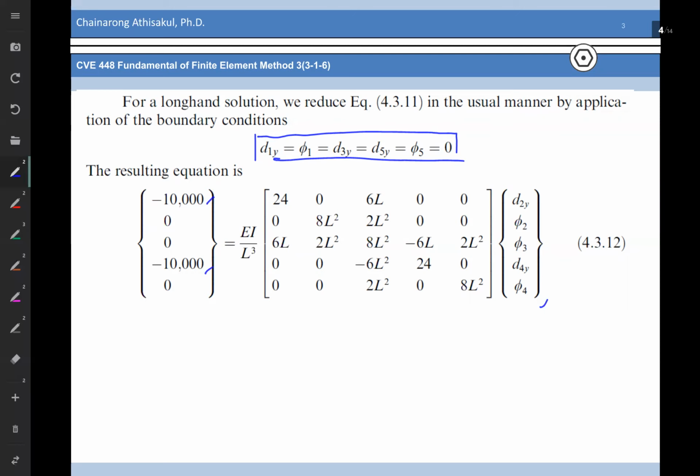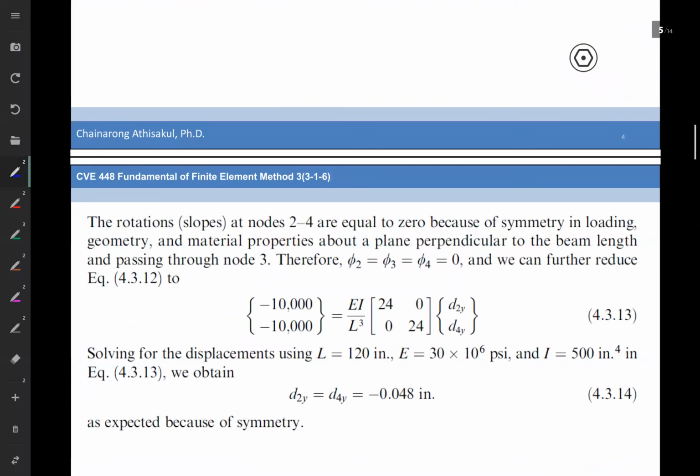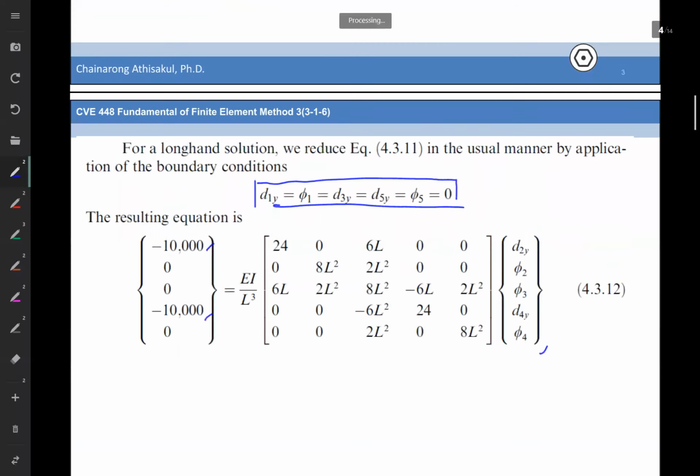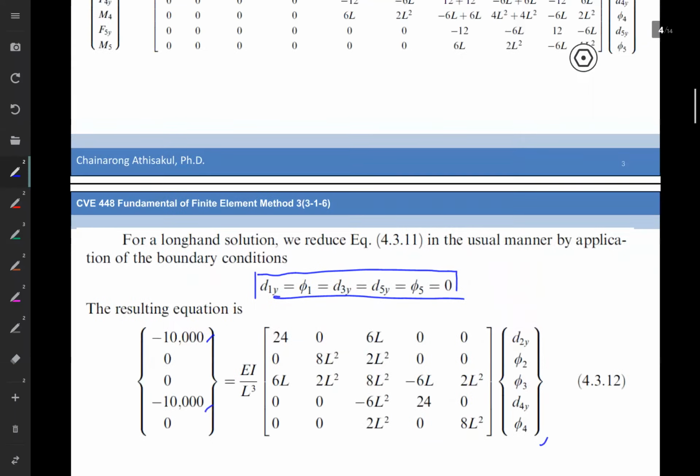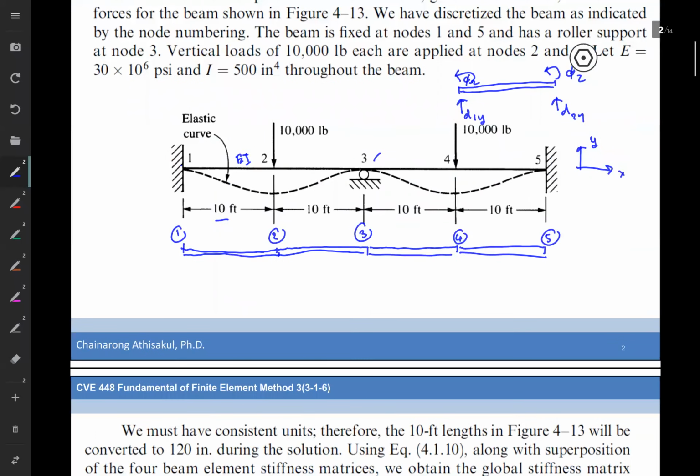Actually, if we know that the loads are equivalent, so it should be the symmetry case, it means that phi 2, phi 3 and phi 4 should be 0.